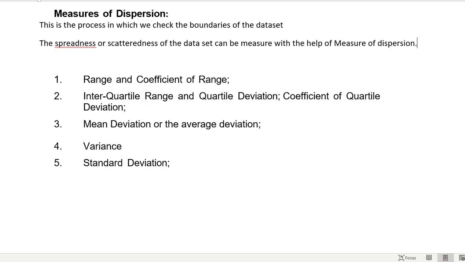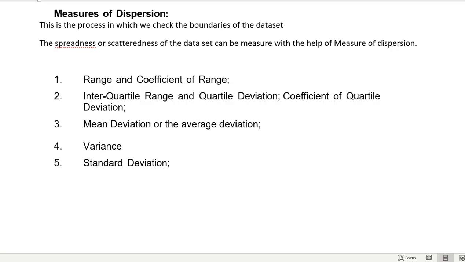So, like measures of central tendency, we have 5 different measures of dispersion. We have the actual measure, which considers the scatteredness, and we also find the relative term, which is known as the coefficient of that particular measure. So we have 5 different measures of dispersion.